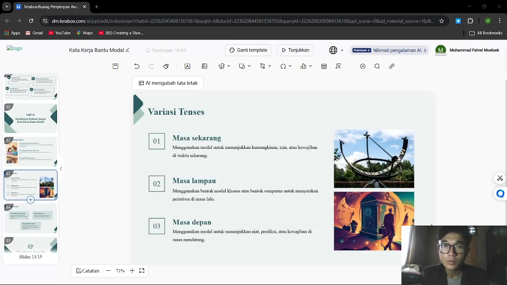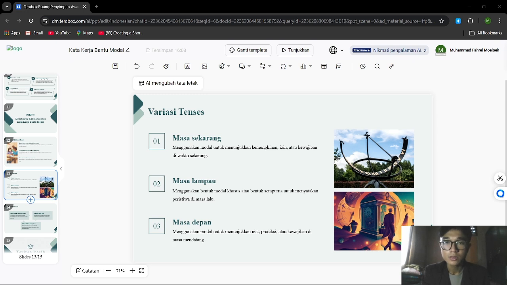Okay. Modal verbs can also be used to talk about different points in time. Present: we use standard modals to show current possibilities or obligations, like it may rain now.